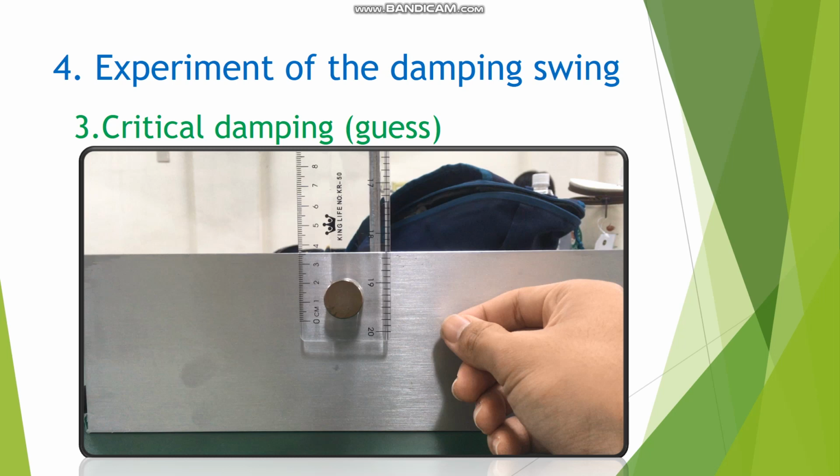But we cannot identify the critical damping and the overdamping that clearly. So we can only do an approximation between overdamping and underdamping, and guess a critical damping. So this is the critical damping I guess.